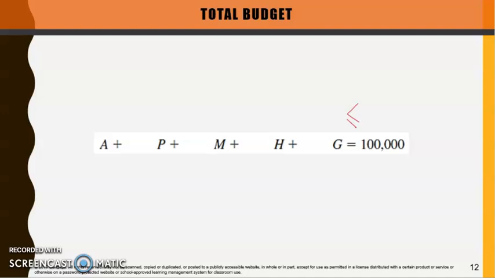Why can you do this? Because your objective function is maximizing the return. So the model you are creating is smart enough to make the most out of this $100,000 to make the objective function as maximum as possible. Yes.